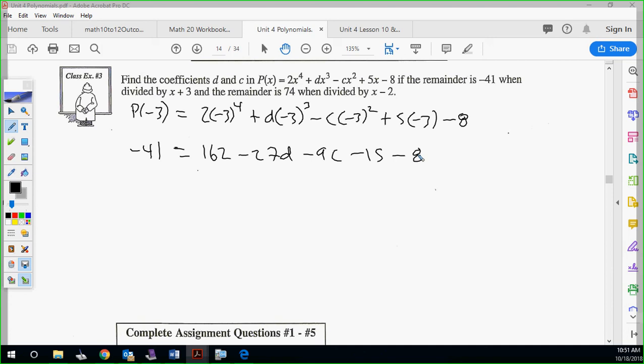So I'm just going to move this stuff over, leave the d's on the right side. All right, so if we minus this over, add 15, add 8. So minus 162, so that's going to give me negative 203. Negative 203 plus 23, so I get negative 180.